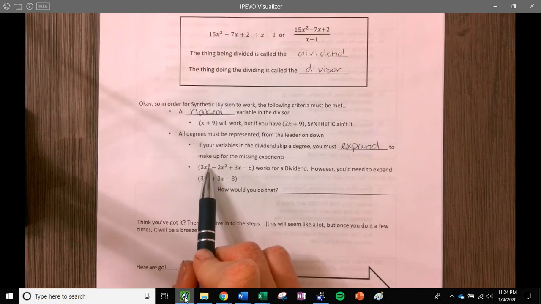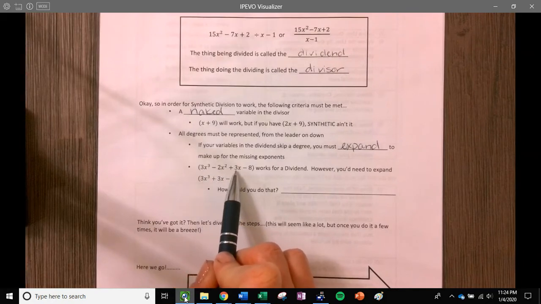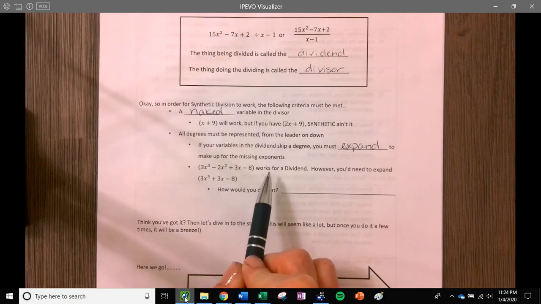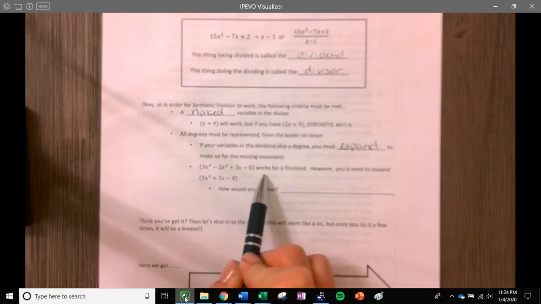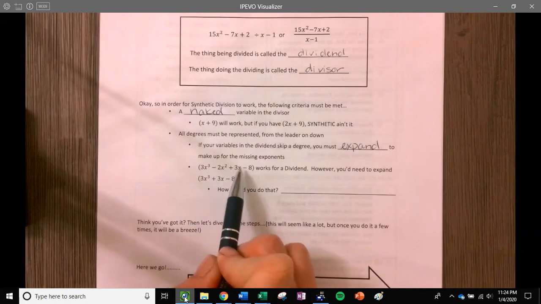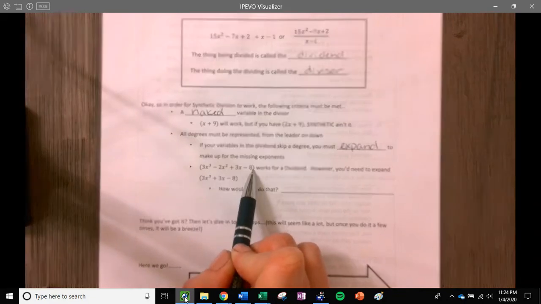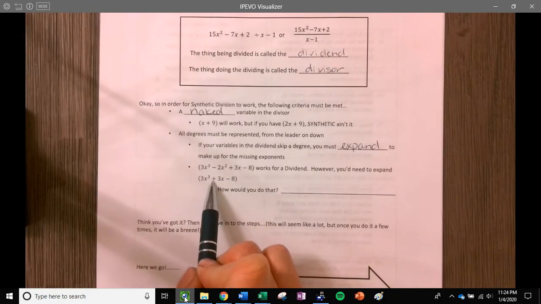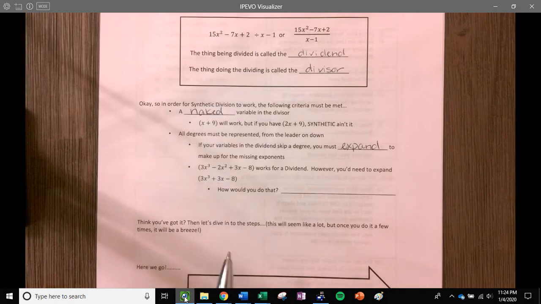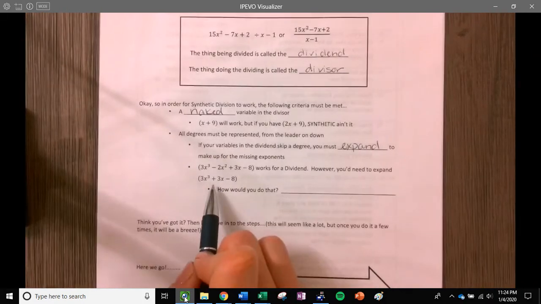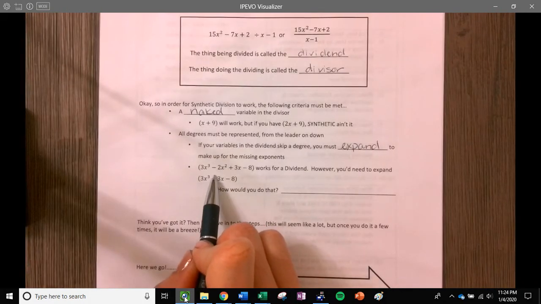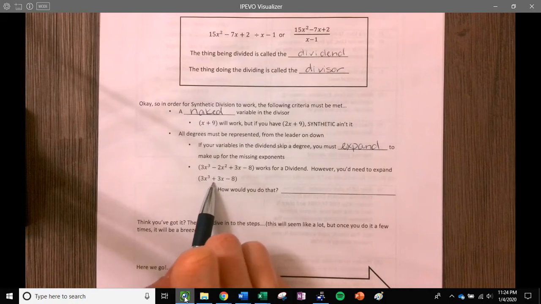So 3x to the third minus 2x squared plus 3x minus 8, that works for a dividend for synthetic. We've got a third degree, second degree, first degree, constant. 3, 2, 1, 0. 3x to the third plus 3x minus 8 does not work. Why? We're missing that squared variable being represented here.